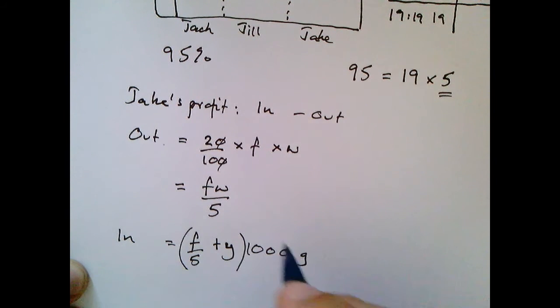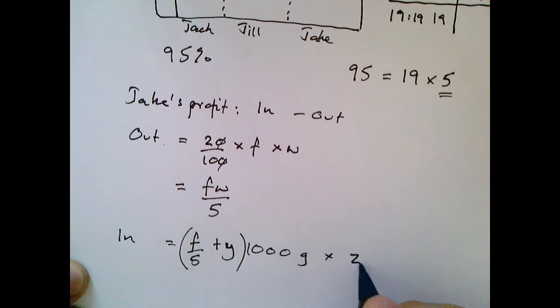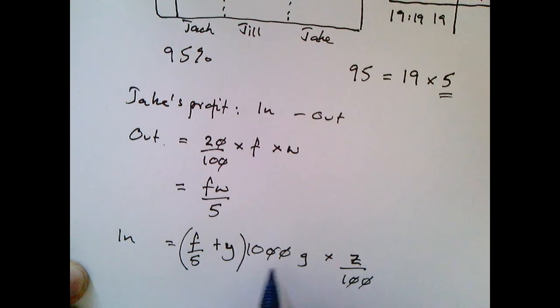Okay, so times Z per 100. You should see we can cancel some of these out. You get 10 times F over 5, which is 2F, plus 10Y, all times Z. If you want to multiply it all out, 2FZ plus 10YZ.